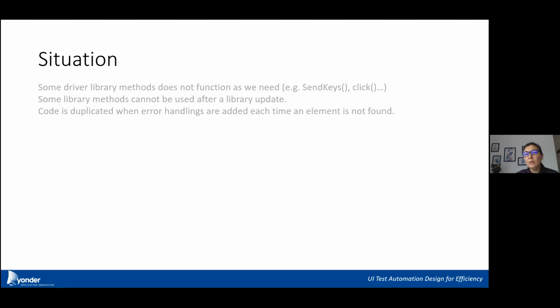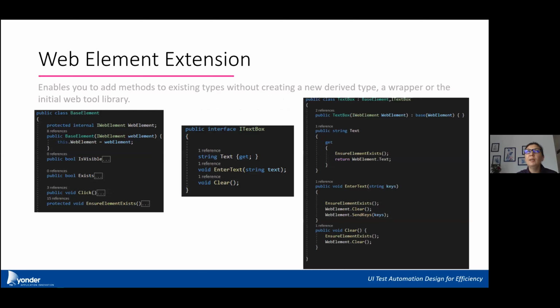Or you don't want to have a lot of duplicated code when you add error handling each time for the elements to check if they were found or not. So this situation, and my situation that I was telling you about, leads to another pattern that I've called web element extension.